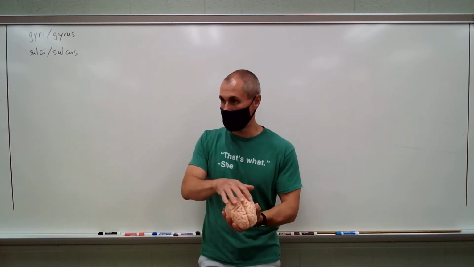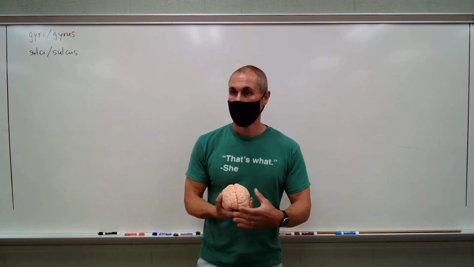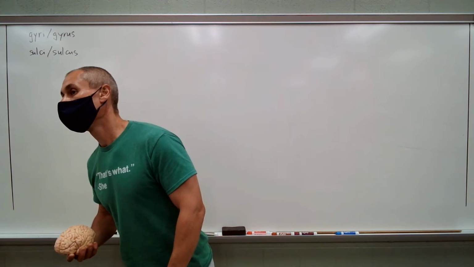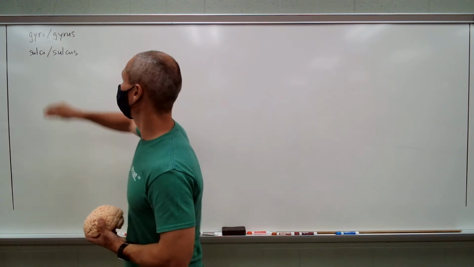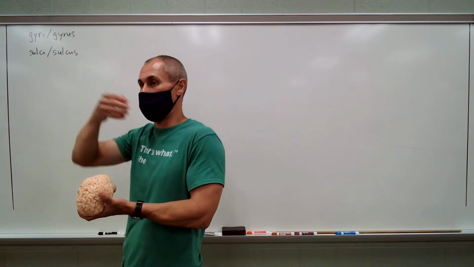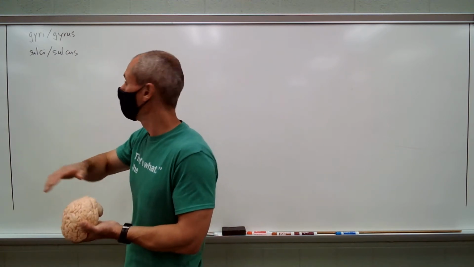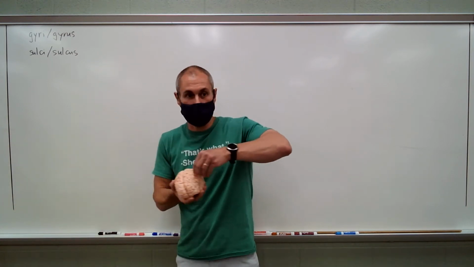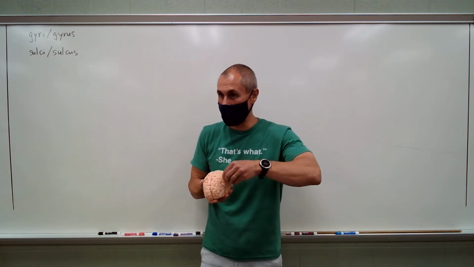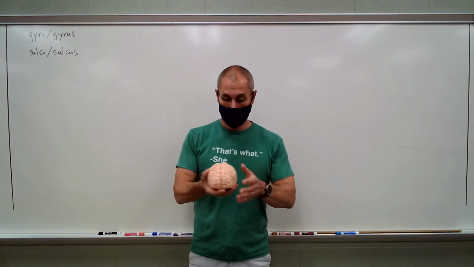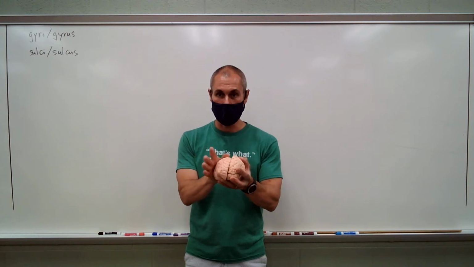This is just naming parts. Can you repeat what those are again? So, gyri are these ridges, elevated parts on the surface. Sulci are depressions, like these crevices. Okay? Good? Clear?